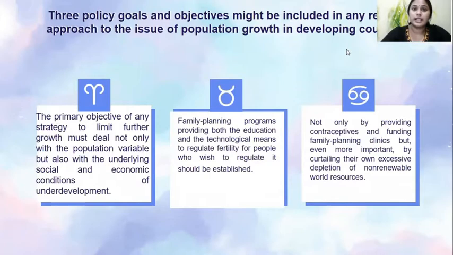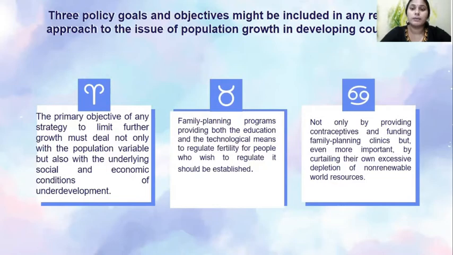So for the last slide from my part, there are three policy goals and objectives that might be included in any realistic approach to the issue of population growth in developing countries. The first objective or policy is that the primary objective of any strategy to limit further growth must deal not only with the population variable but also with the underlying social and economic conditions of underdevelopment.